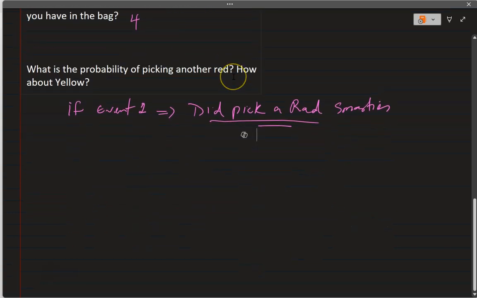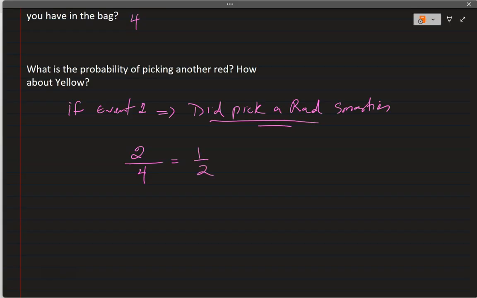So the probability of picking a red will be 2 out of 4, which is 1/2, or 50%.